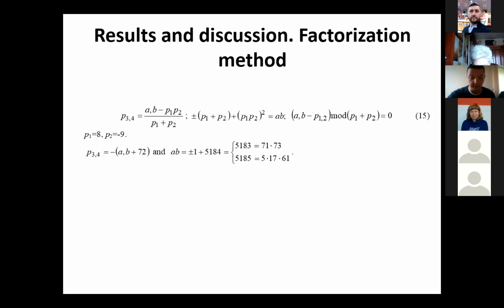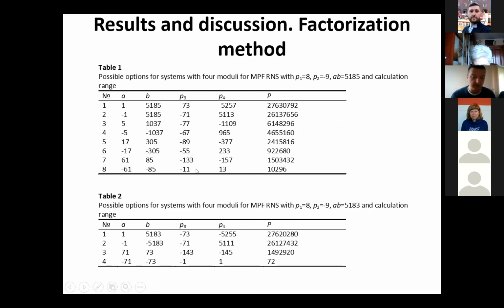All possible operations for a system with modulo for MPF RNS, with P1 equal to 8 and P2 equal to minus 9, and calculation range are presented in table 1 for 5,185 and table 2 for 5,183.